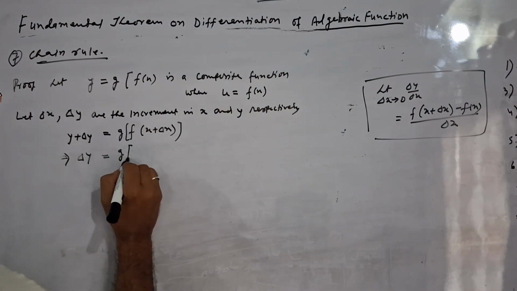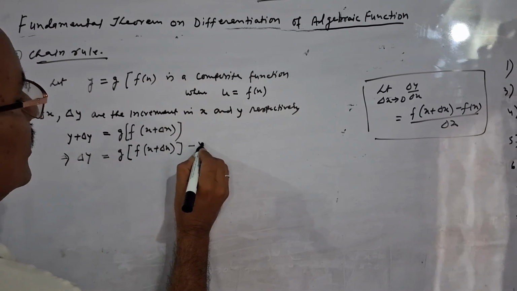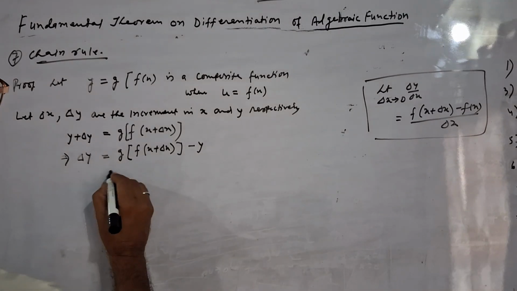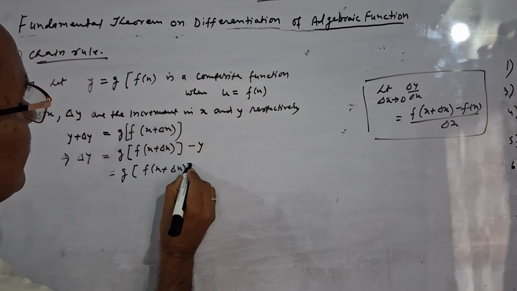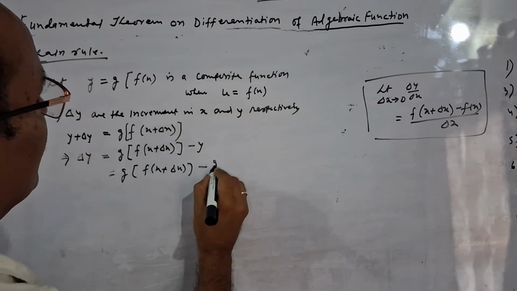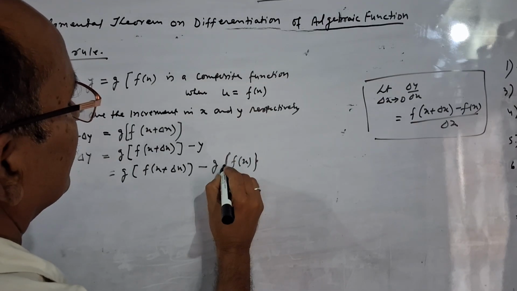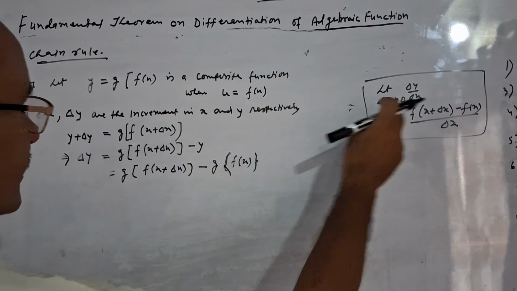We can write g(f(x plus delta x)) minus y, or this can be written as g(f(x plus delta x)) minus g(f(x)). Now we want delta y by delta x.